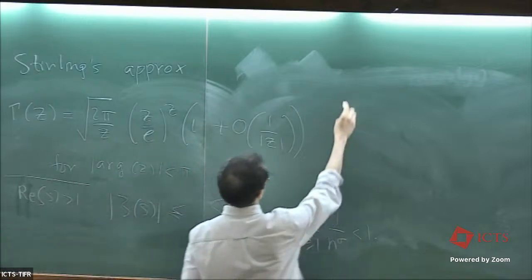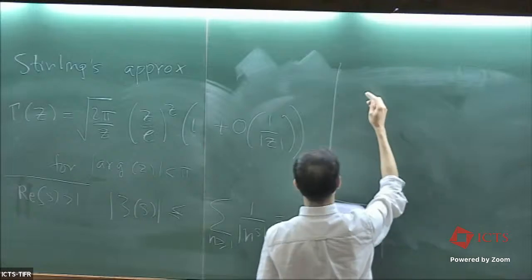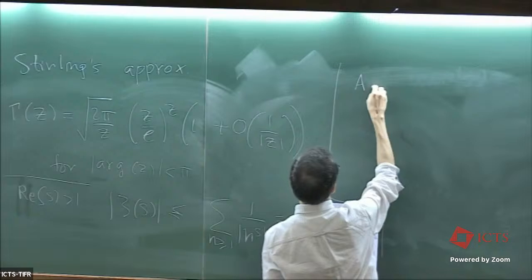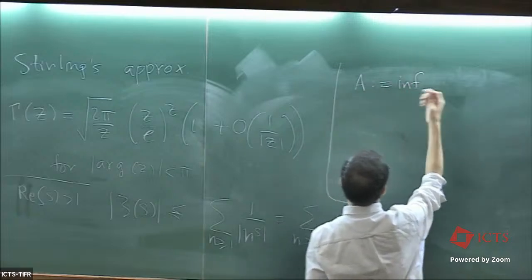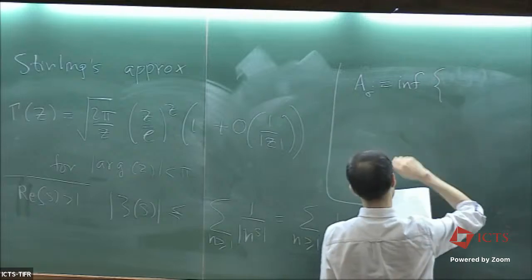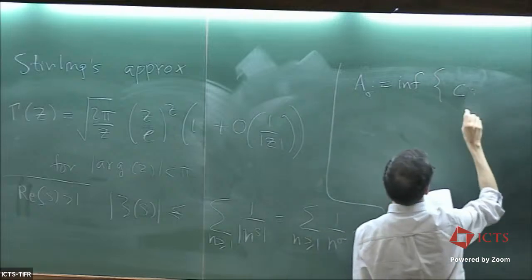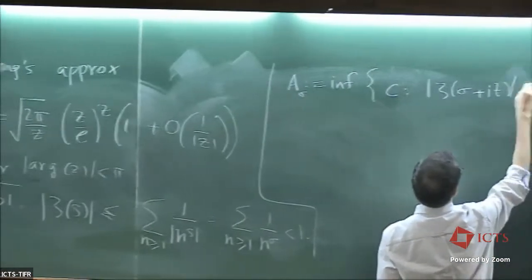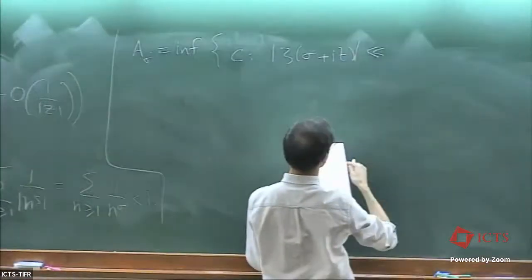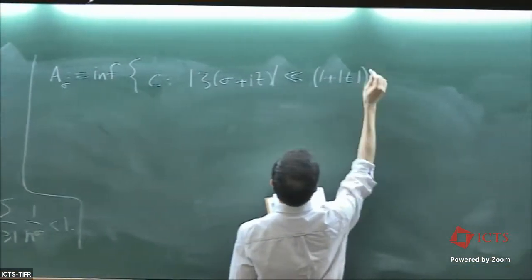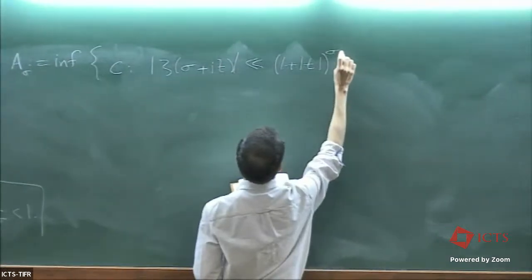So let me introduce some notation: let's say that A of sigma is the infimum of all the C's such that you have the growth t to the C at sigma.